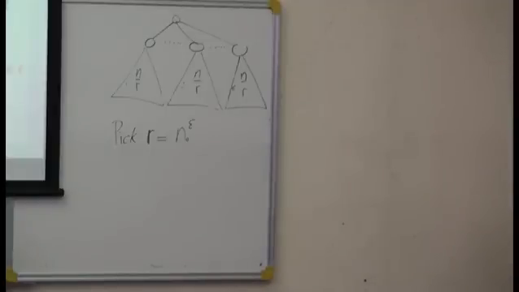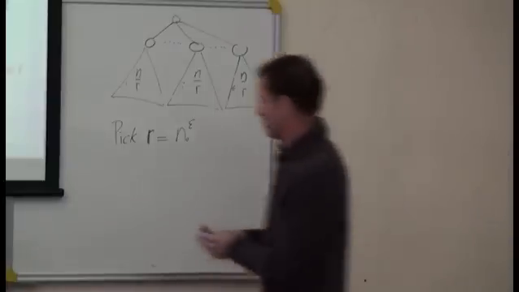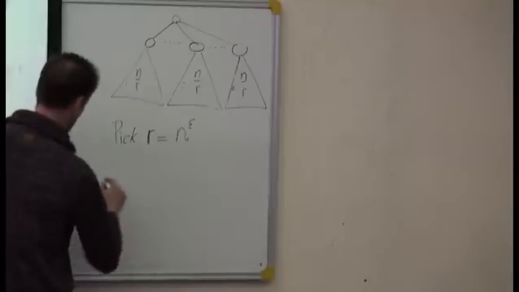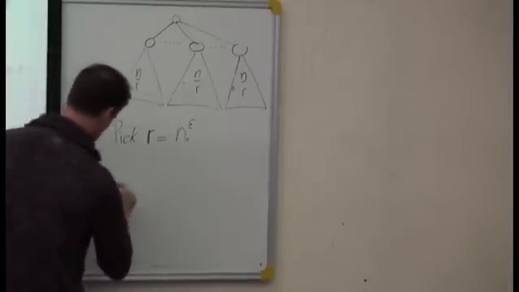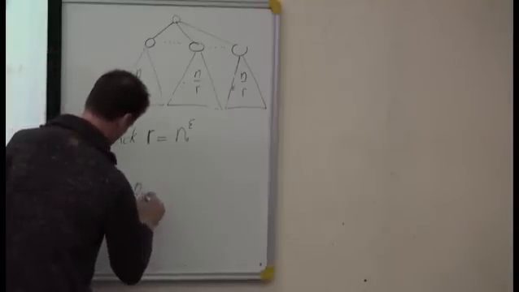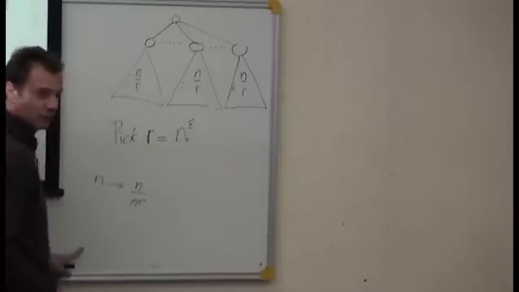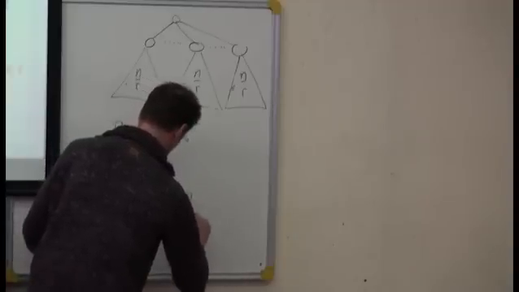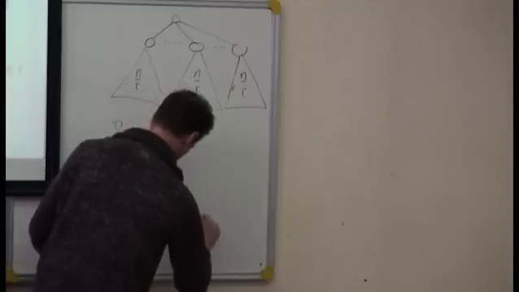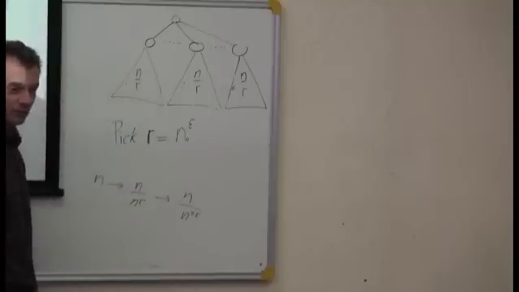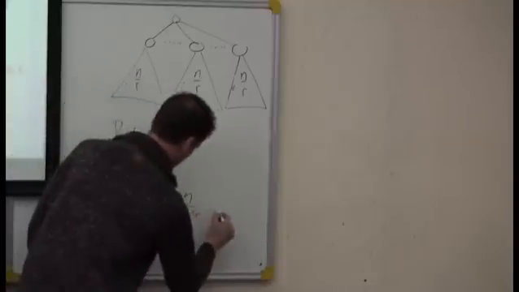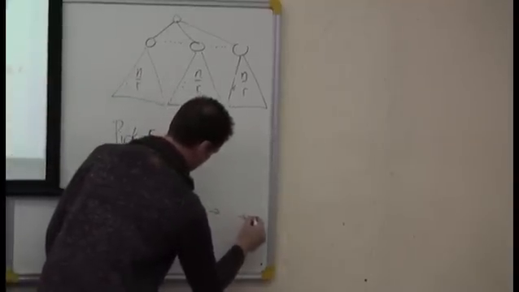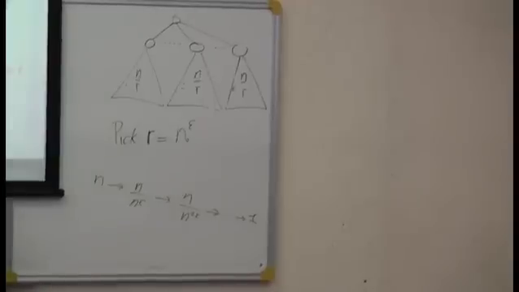So how much is the depth of the tree going to be? Initially I start with n, or n0, then I go to n divided by n to the power epsilon, then n divided by n to the 2 epsilon, and so on, until I'm at size 1.